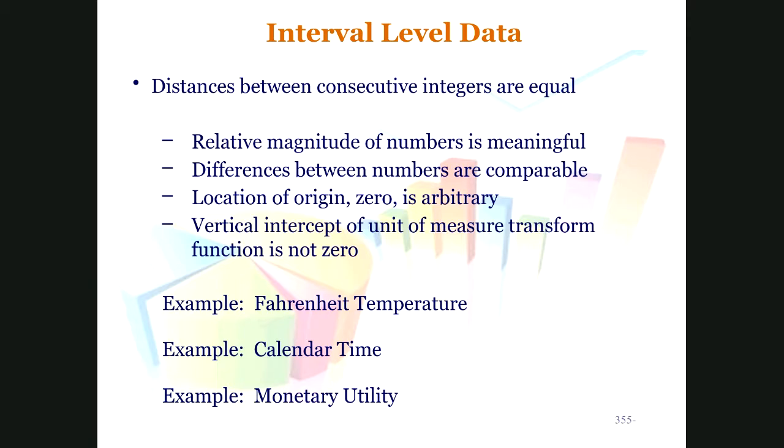There's a location of origin. 0 is arbitrary. The vertical intercept of a unit of measure transform function is not 0. Examples are, in our case, Celsius temperatures, calendar time, or monetary utility, so the value of money.